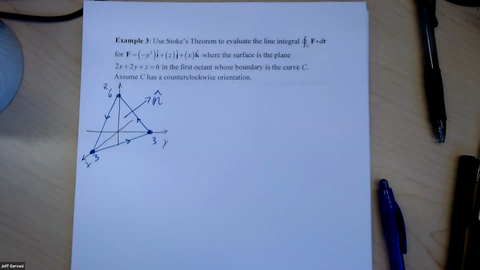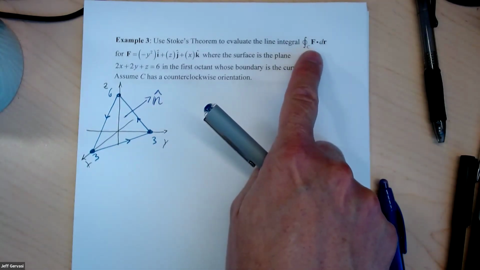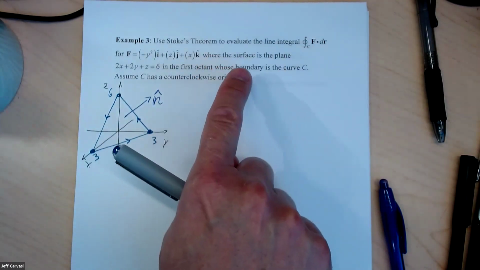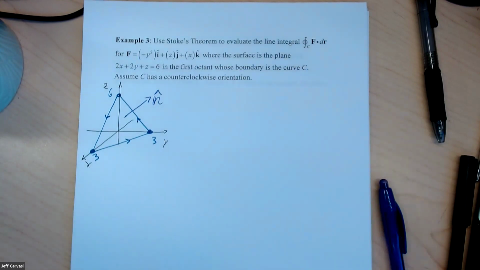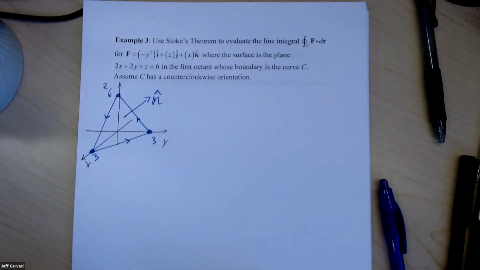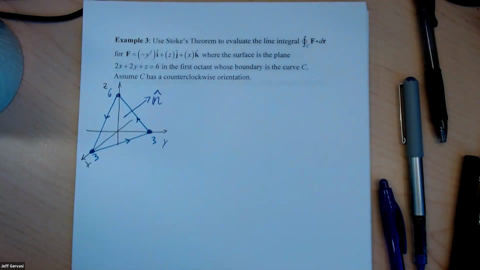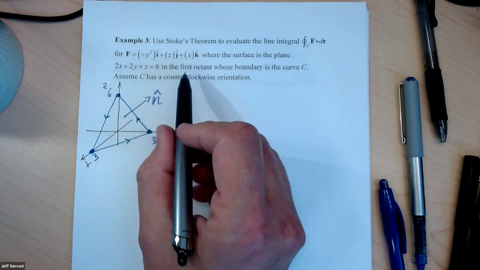Why? Because the curve is made up of 3 different pieces. So you would have to evaluate 3 different line integrals. What the problem is saying is, rather than evaluate 3 different line integrals, why don't you just evaluate the surface integral in Stokes' theorem? That way you're just doing one. And it may even be easier in that regard and less time consuming, to be sure. Or at least that's the hope. Okay. All right, so let's see. So our vector field is right here.